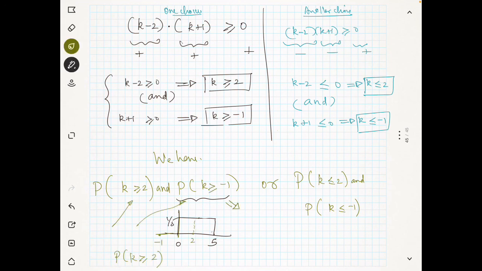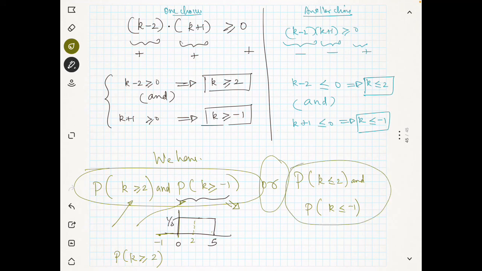We have two conditions now: the probability that k greater than 2 and k greater than minus 1, the first condition, or the probability that k less than 2 and k less than minus 1.